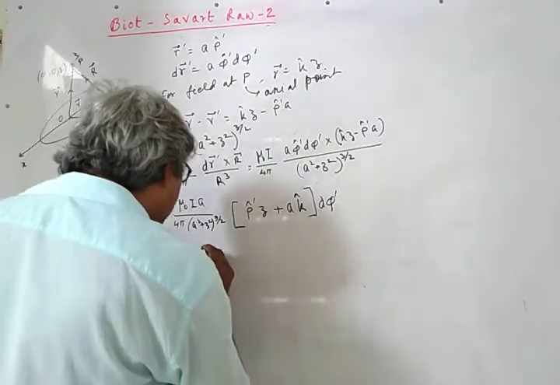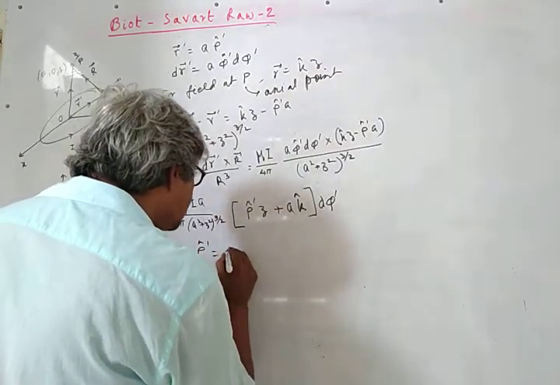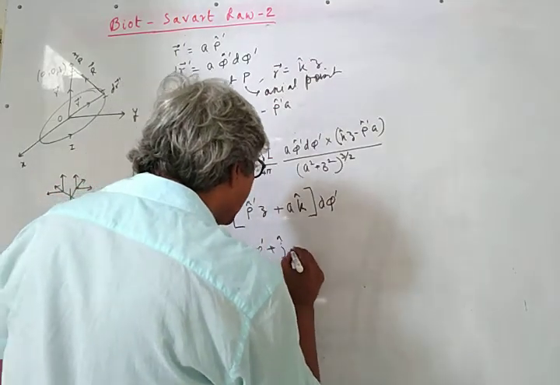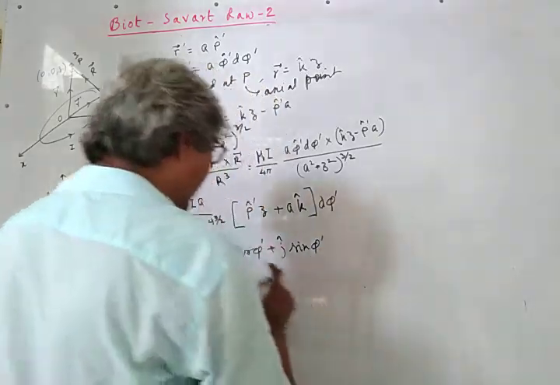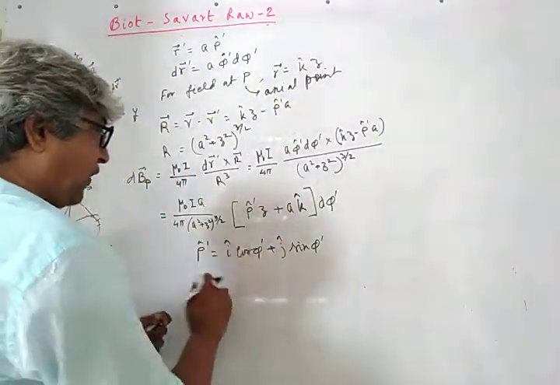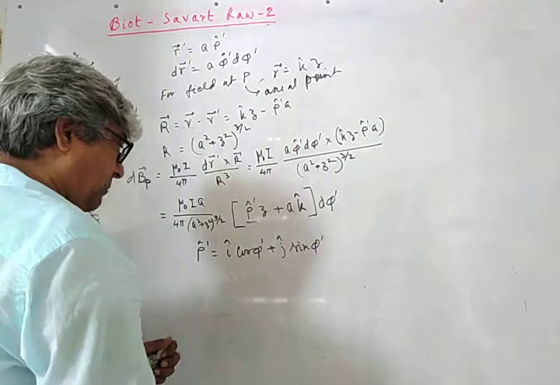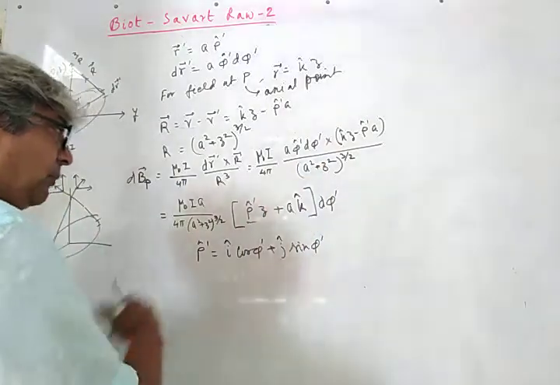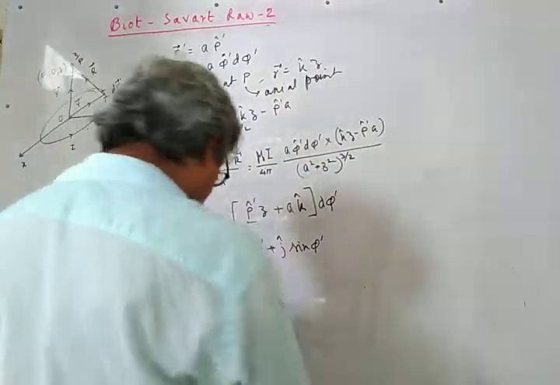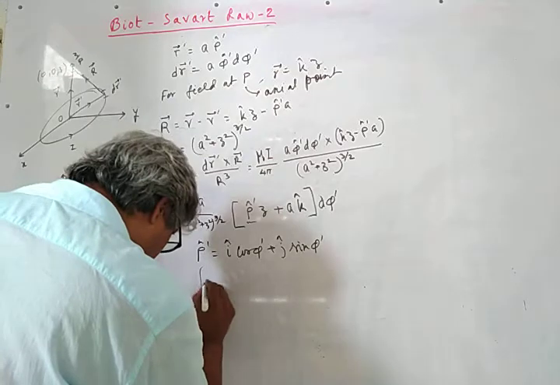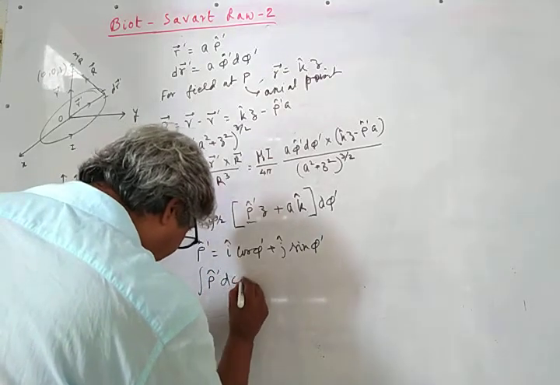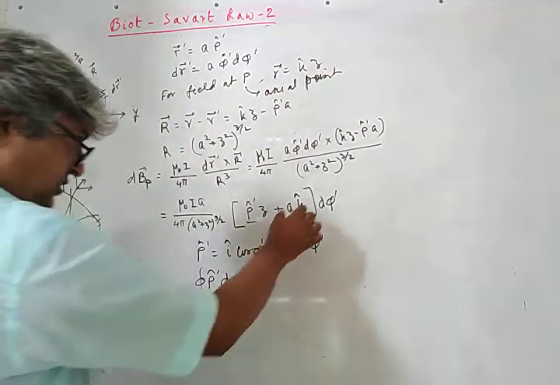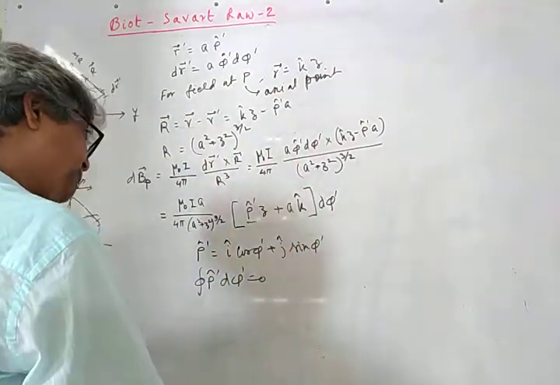But here we consider that rho prime is i cap cos phi prime plus j cap sin phi prime. In the entire result there is no phi dependence except in the rho prime cap. When we integrate it over d phi prime over the complete range 0 to 2 pi, this gives 0. So rho prime cap d phi prime, complete integration, is 0, and the other part contributes 2 pi.